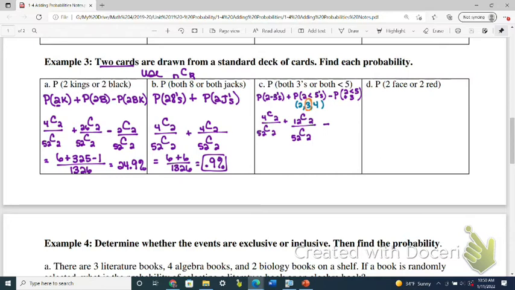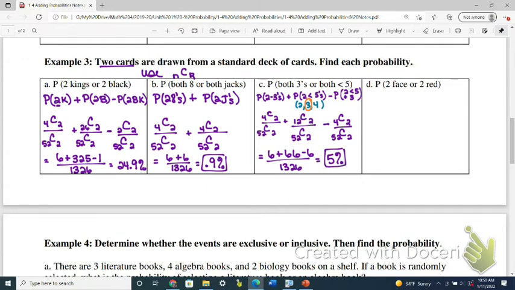Well, that is 3. And I have 4 of those. So I end up with 6 plus 66 minus 6 all over 1326, which is 5%.